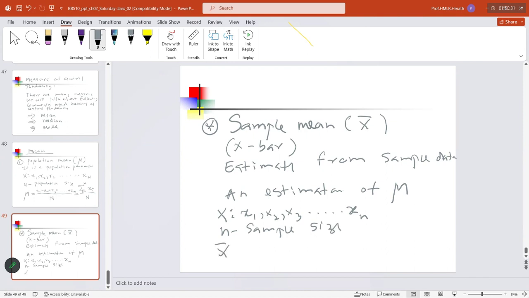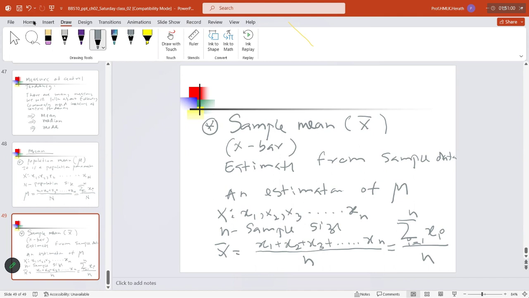Then we estimate x bar as x1 plus x2 plus x3 plus up to xn, divided by n. This equals summation i equals 1 to n of xi divided by n. Right?